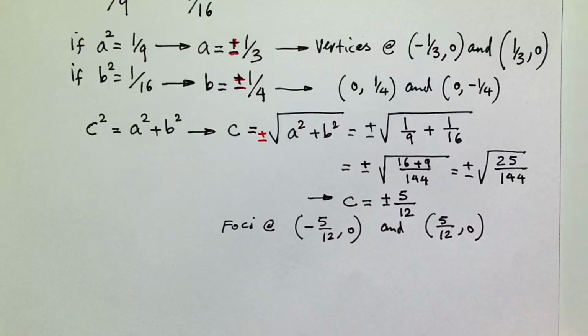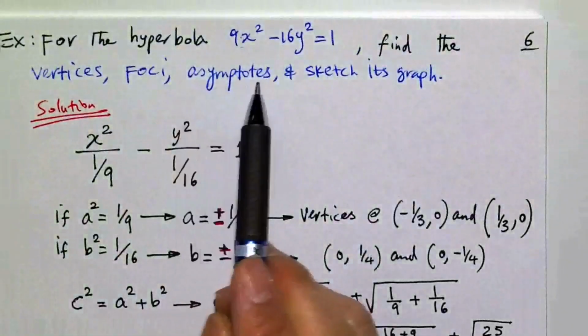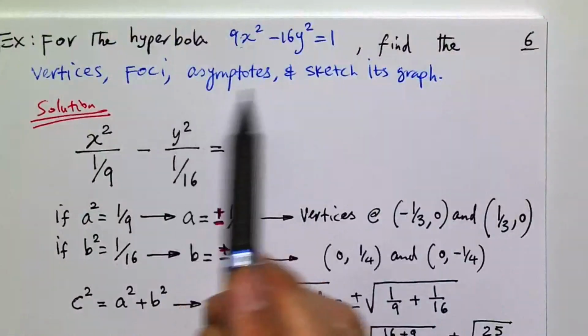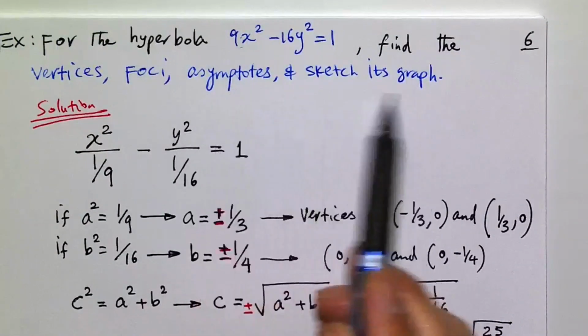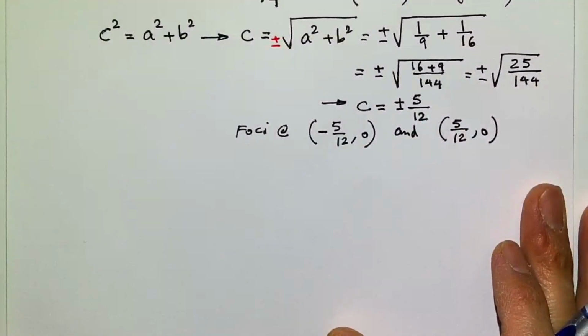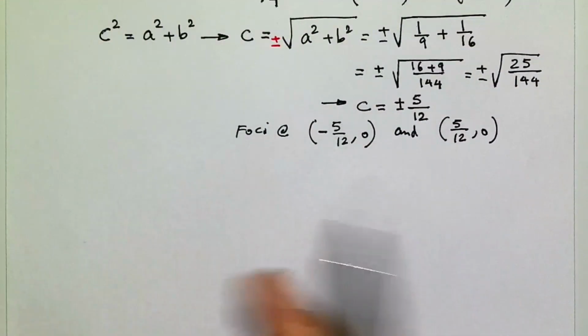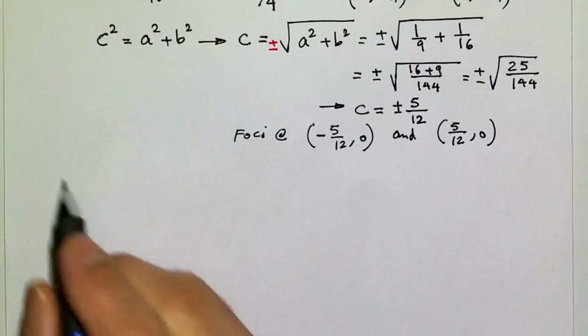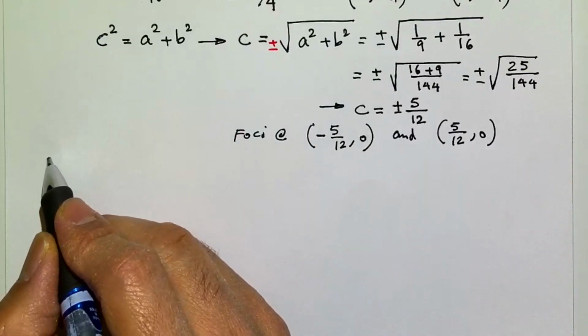The other thing we should find out, and they're asking us to, are the equations of the asymptotes. We need to do that before we sketch the graph. Because this is a horizontal hyperbola, let me write this down.